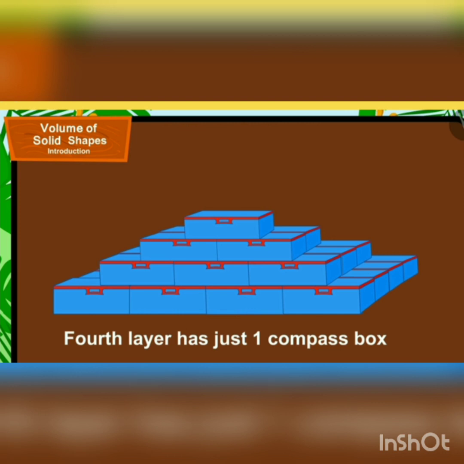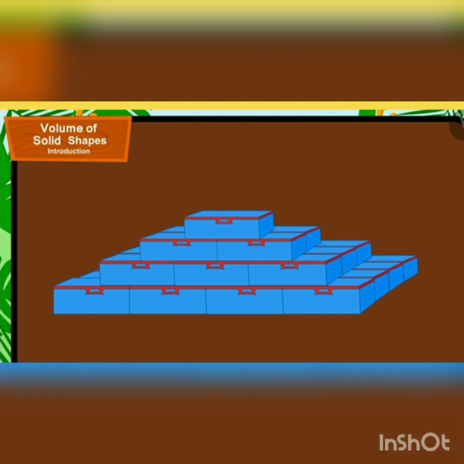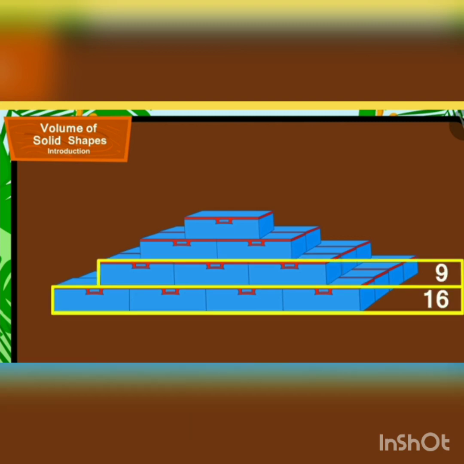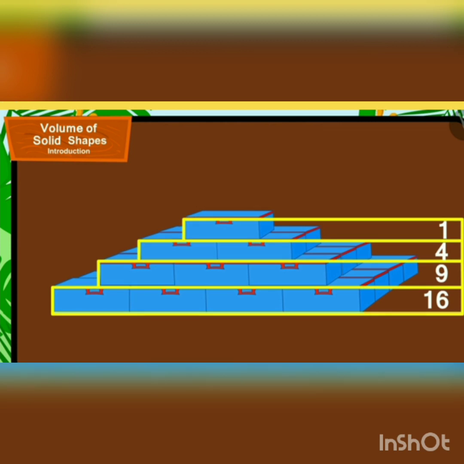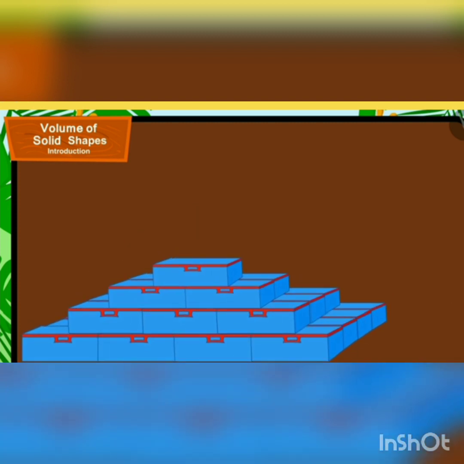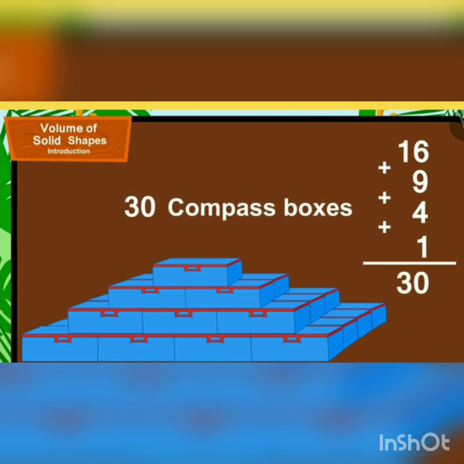Thus, to find the total number of compass boxes in this shape, we need to add the number of compass boxes that are included in all these layers. So, in this shape, by adding 16 plus 9 plus 4 plus 1, we get 30 compass boxes.